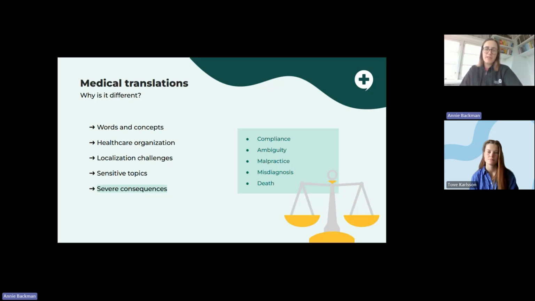I mean, the patient or the healthcare provider might not be able to follow the instructions if the words don't make sense or if they are ambiguous and you can interpret them in several different ways. And this can, in the worst case, lead to malpractice, misdiagnosis, or even death if it's really serious. So this is serious business, and this is why you need to think twice when you translate texts that are used in medical settings or other settings in the health sphere.